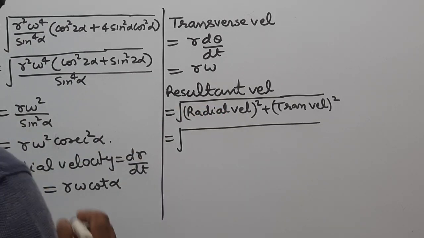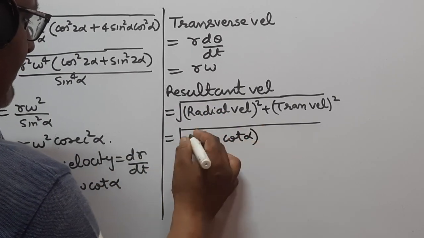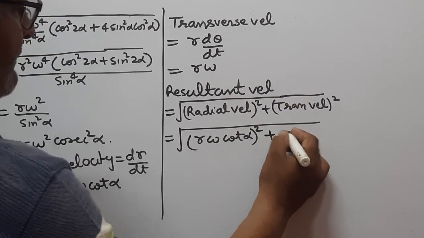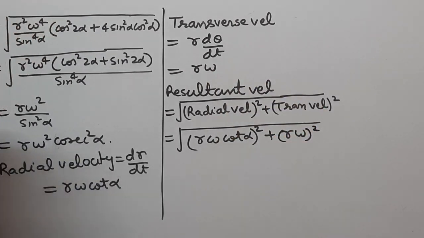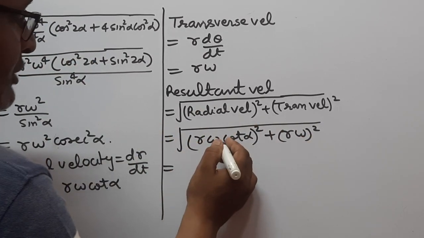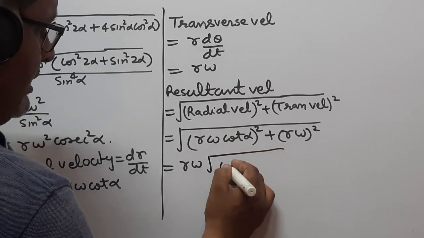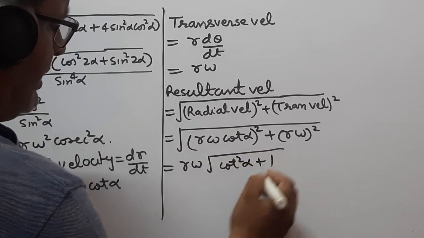Here the radial velocity is r ω cot α, so this is (r ω cot α) squared, and the transverse velocity is r ω squared. Now r² ω² is common, so we take it outside the square root sign, and inside we have cot² α plus 1.